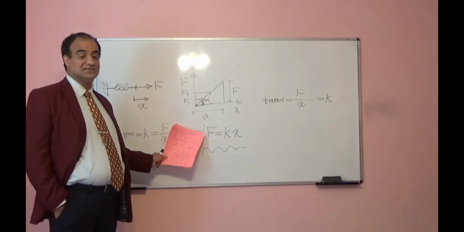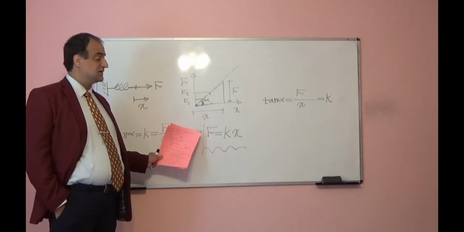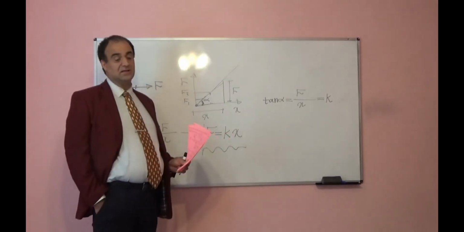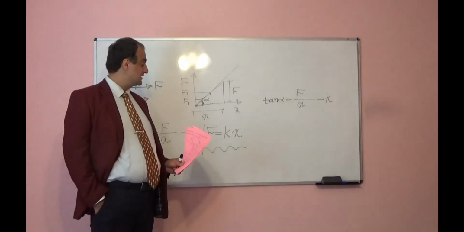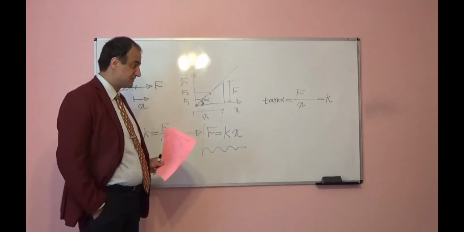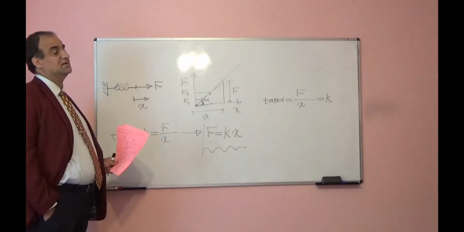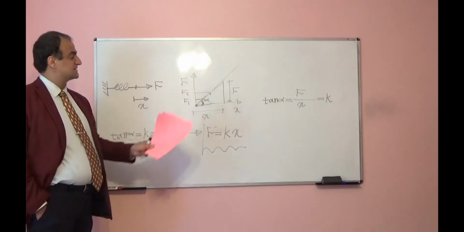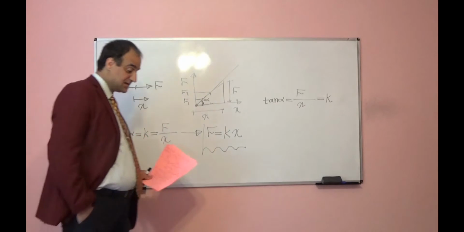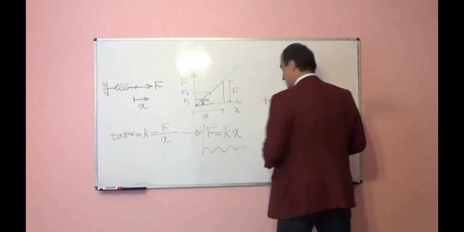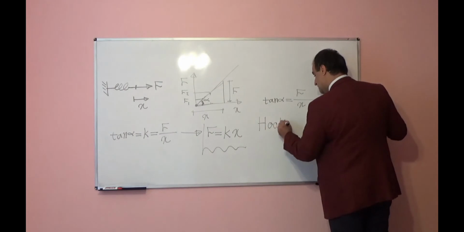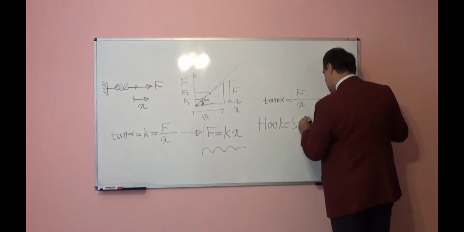F here is the effective force acting on the spring, X is the elongation or displacement or deformation of the spring, and K is the stiffness of the spring. And how will we find K? We can draw this graph, and the tangent alpha will give us the K for one spring. So this is the concept of Hooke's law.